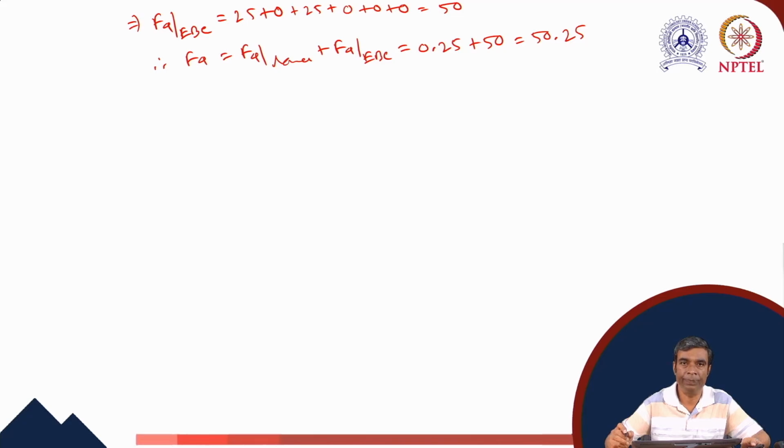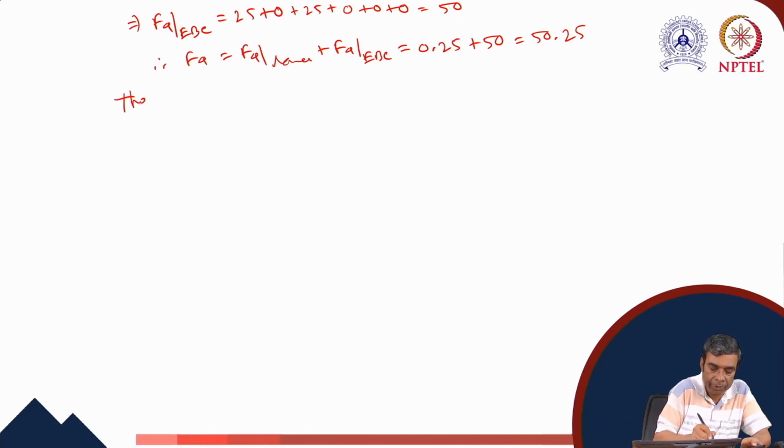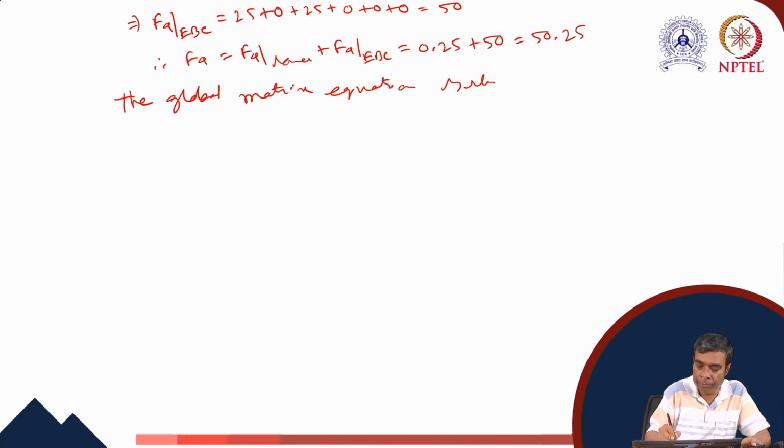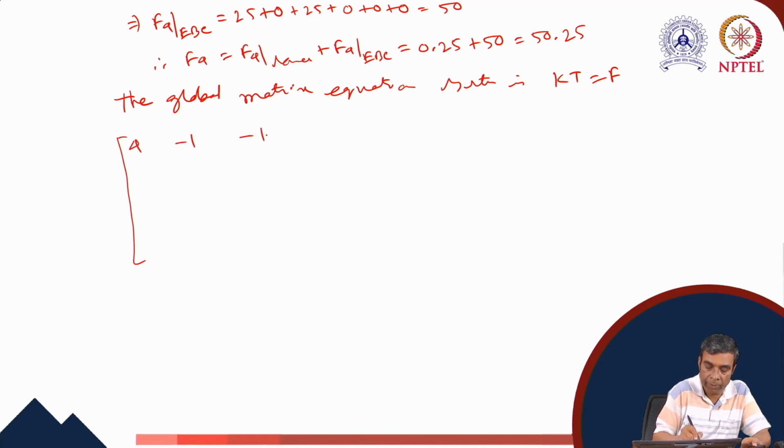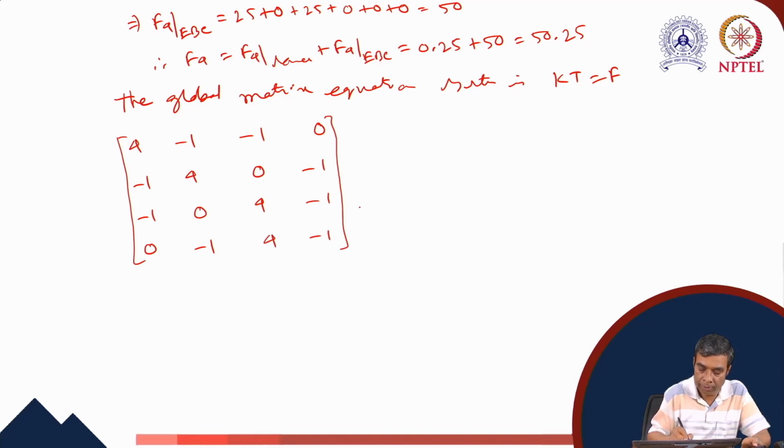So we can represent the global matrix equation system as KT equals to F, or we have 4 minus 1 minus 1 0 minus 1 4 0 minus 1 minus 1 0 4 minus 1 0 minus 1 4 minus 1 into T1 T2 T3 T4.